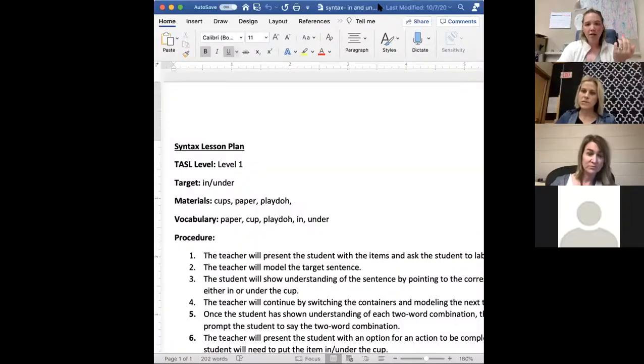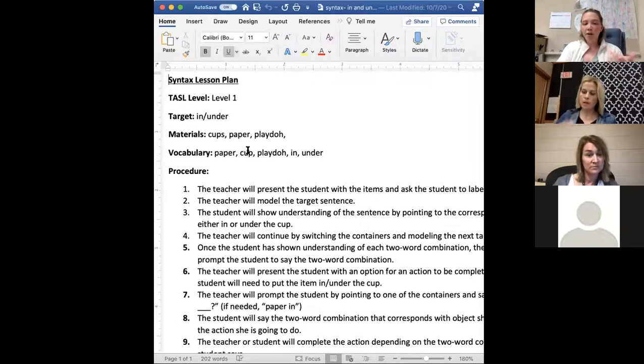Which is prepositions. Again, vocabulary, but you're teaching in and under, okay? So you have a paper, cup, Play-Doh. That is the vocabulary, and the materials would be cup, paper, and Play-Doh.